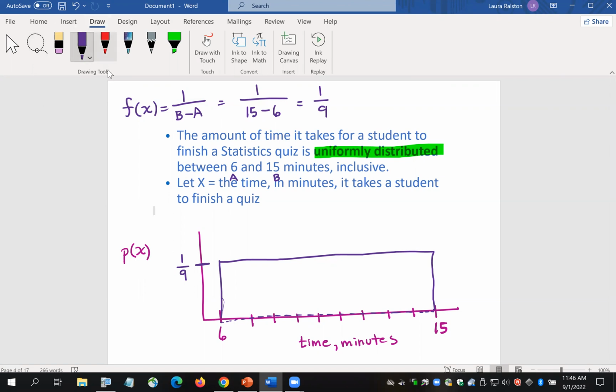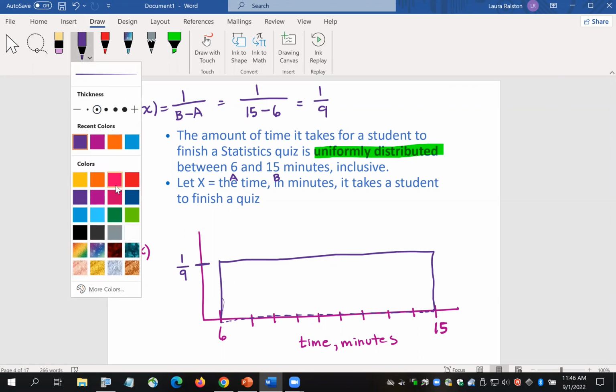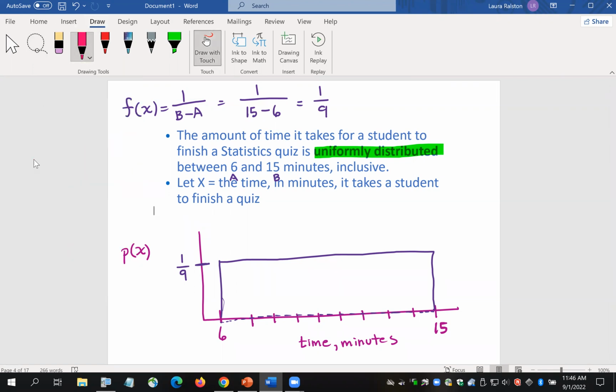Now, before I move on, let me prove one of my points to you. I've commented several times that the total area under this quote curve, or in this case, under the rectangle, is 1. Well, since this is a rectangle, I'm going to prove that to you.